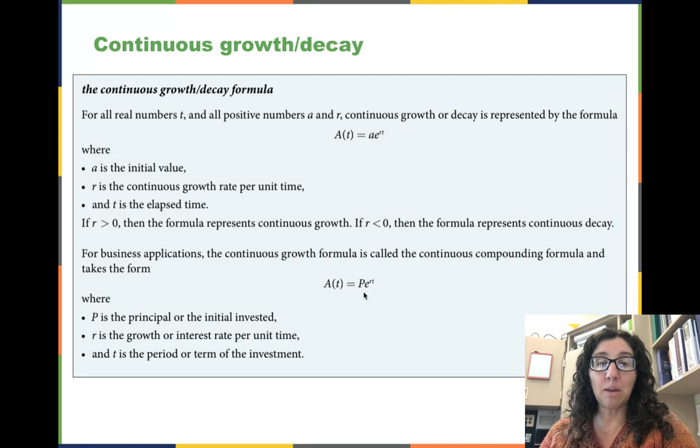So in business applications, it's the exact same formula, except instead of A, they call it P, but it's the same thing, right? P is the principal, r is the growth rate, interest rate, and t is the time period. And with money, hopefully it's always growing. But if r is less than 0, if it's negative, then we've got exponential decay, and we'll do an example of that.